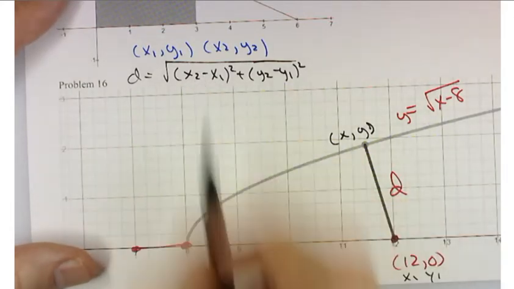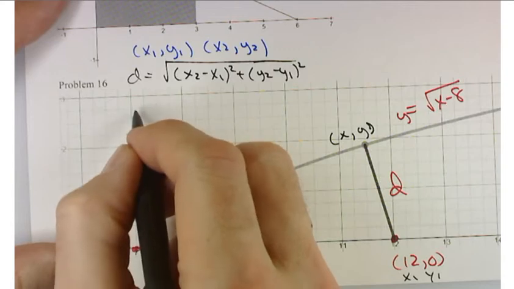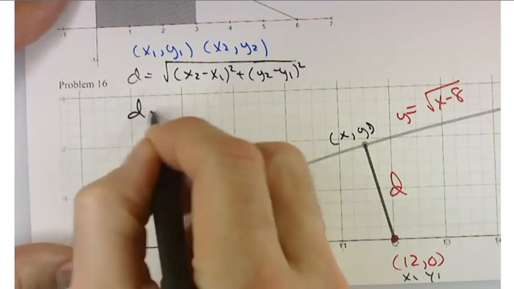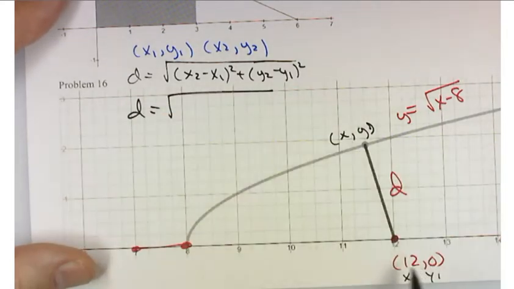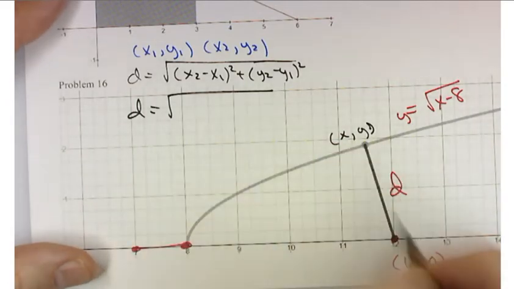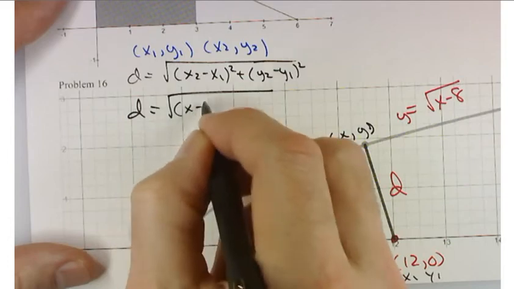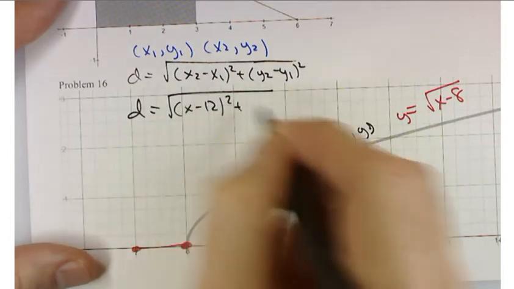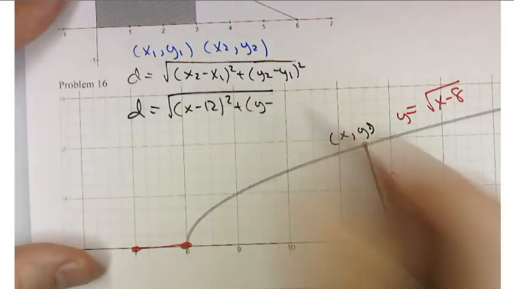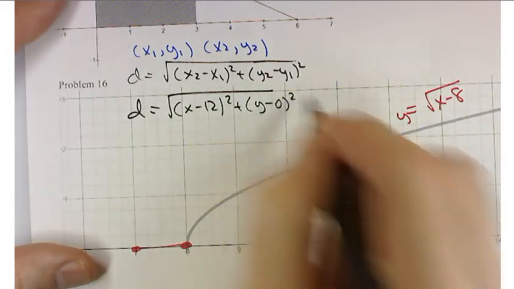I am going to play a little trick with that in a little bit. So at the moment, distance is going to be the square root of, let's see, x minus 12 squared plus y minus 0 squared.